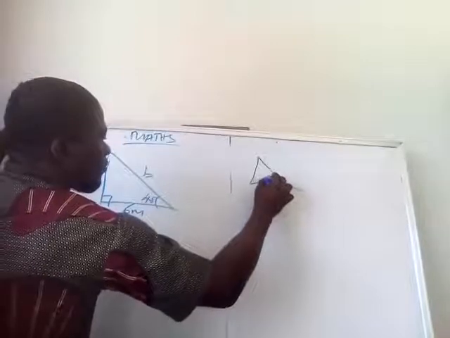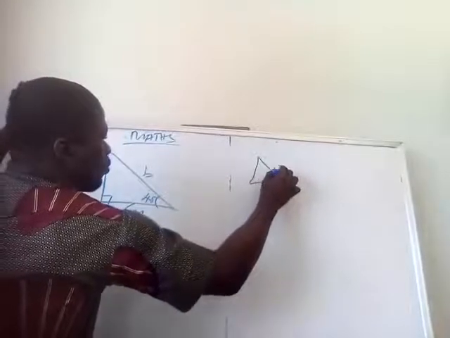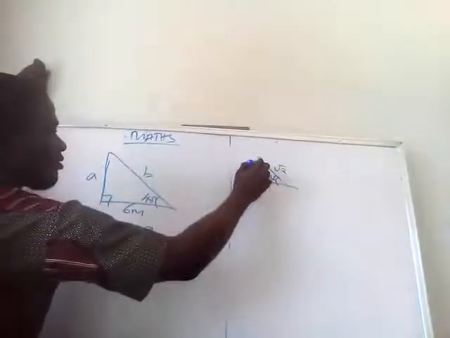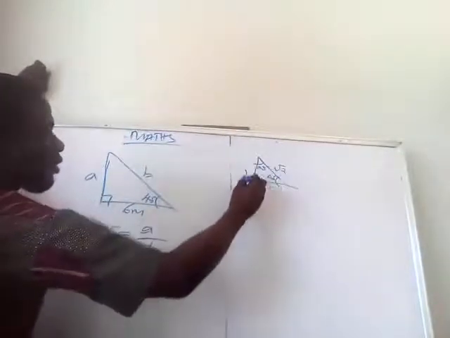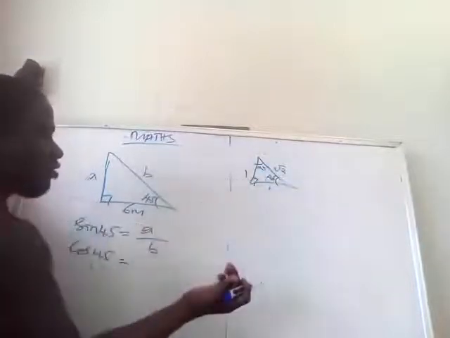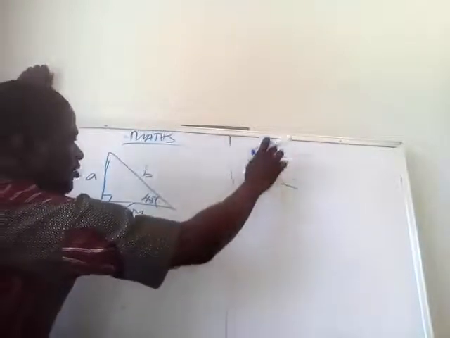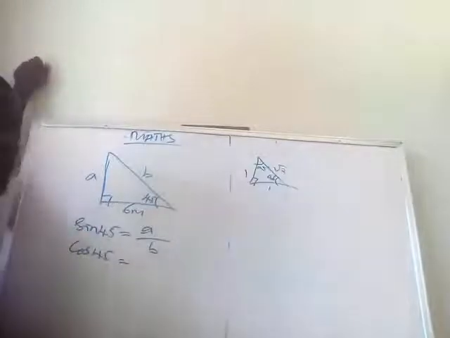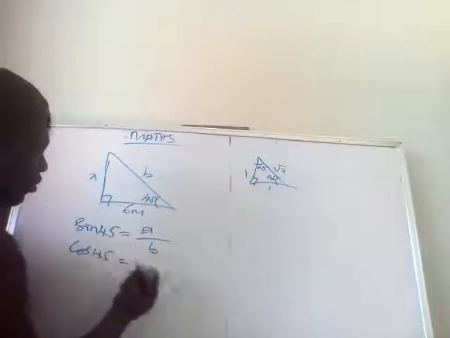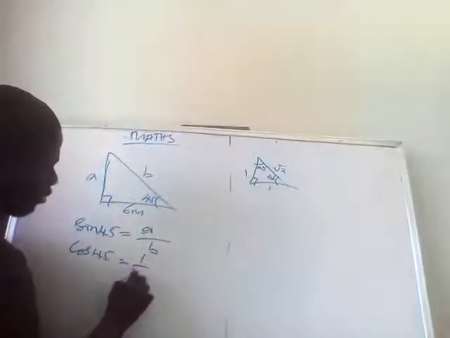Here is 45. You have root 2, 1, 1. Cos 45 is adjacent. Here is also 45. Adjacent and opposite, they are just the same thing. You have adjacent over hypotenuse. That's 1 over root 2. It's the same thing as sine 45.